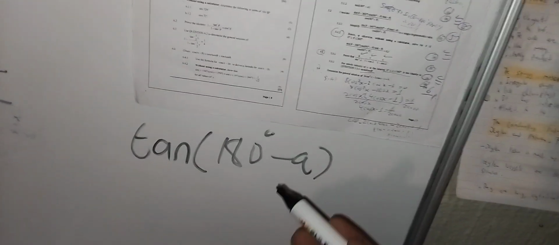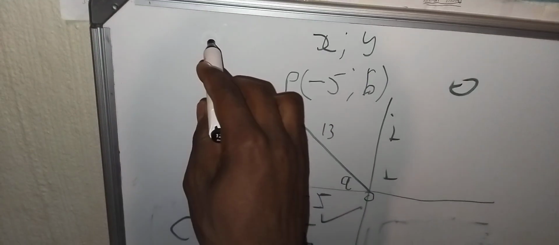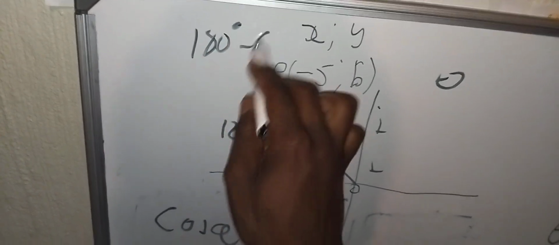Now when you see something like tan of 180 degrees minus alpha, we apply reduction, so we have to reduce the angle. According to our Cartesian plane, in the first quadrant we have theta, and in the second quadrant it's always 180 degrees minus theta.